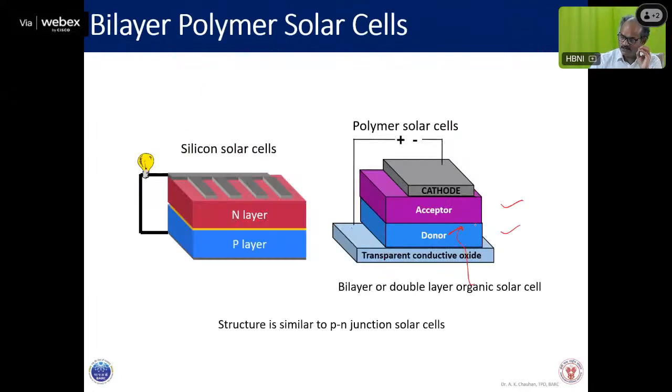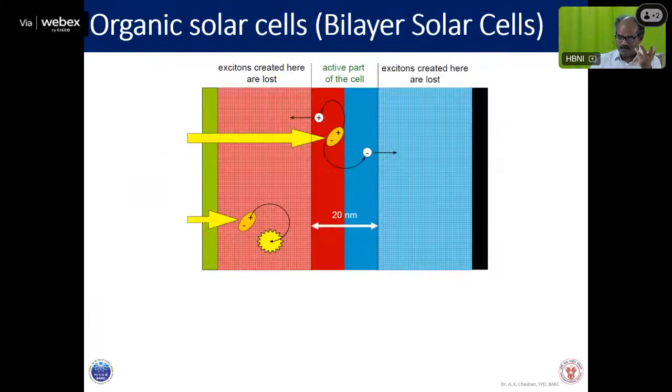Whenever radiation falls at the junction, an electron-hole pair or exciton will be generated, and the diffusion length of the exciton is very low. So within 20 nanometers they are going to recombine. If they recombine within 20 nanometers of this movement, in this volume only, then how will they reach the electrode?